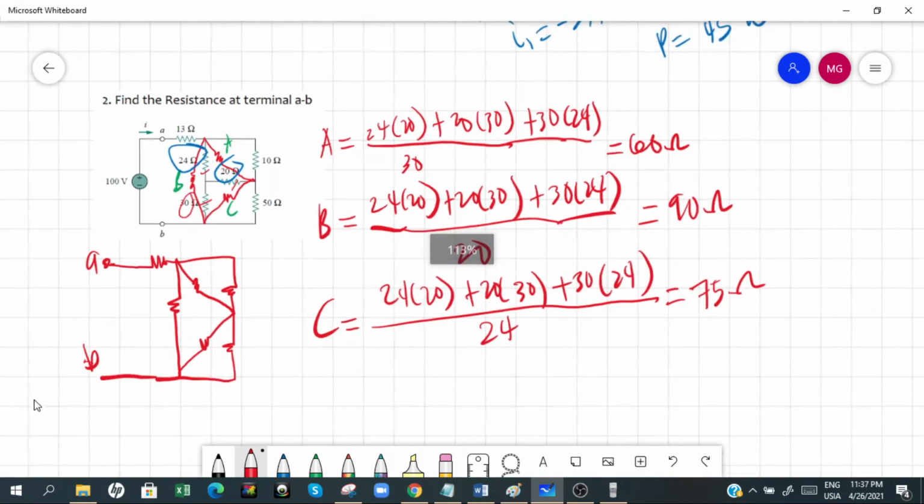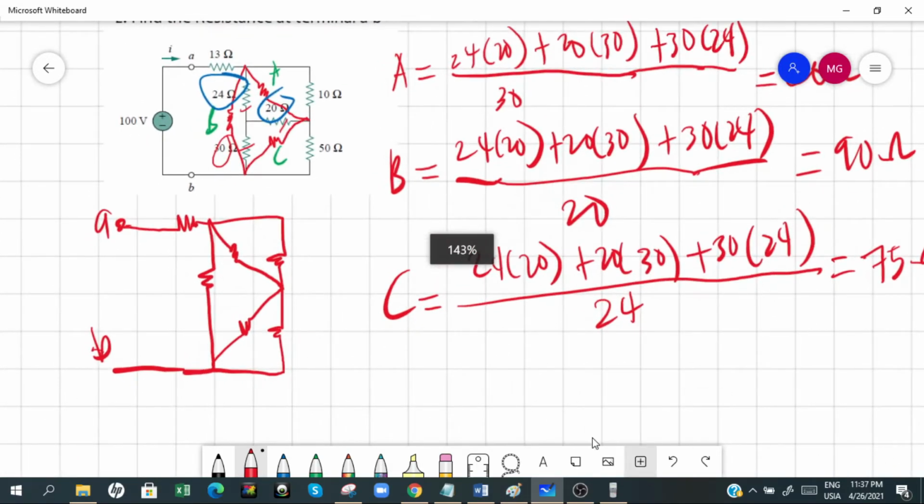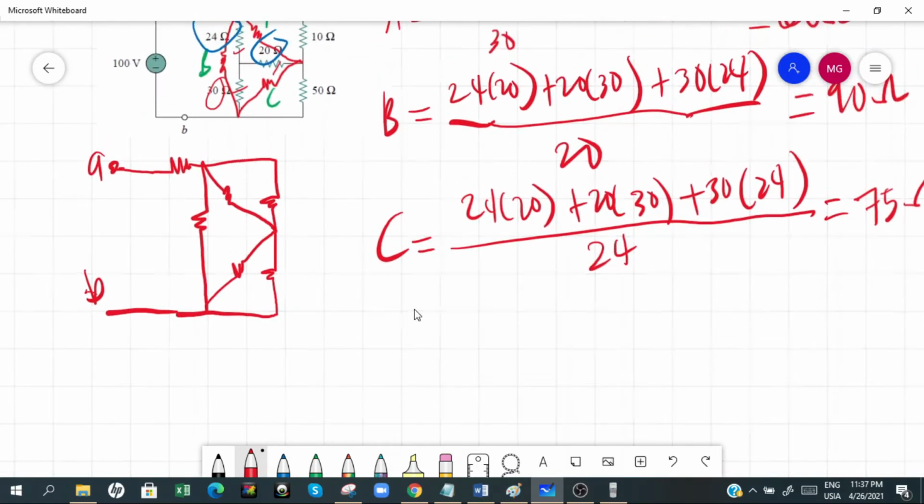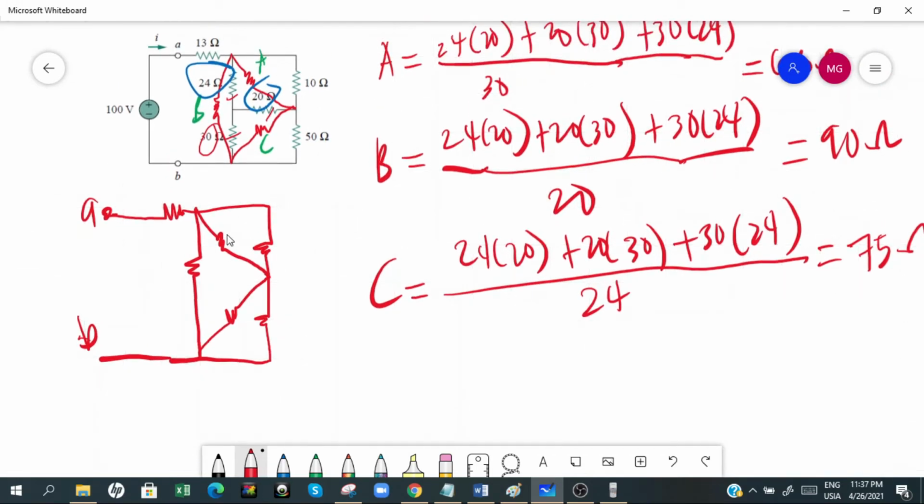Now to continue, all we need to do is combine these two because these are parallel now, this and this one. So that's A parallel 10.